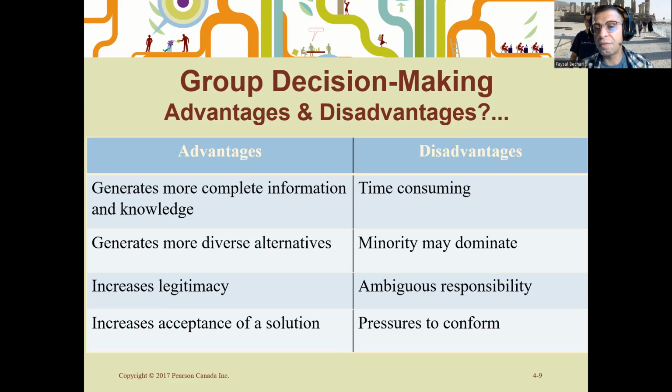Then you have the disadvantages of group decision making. Usually it's time consuming, a minority may dominate, there is ambiguity of responsibilities, and pressure to conform. When it comes to time consuming, you compare it to the type of decision you need to make.